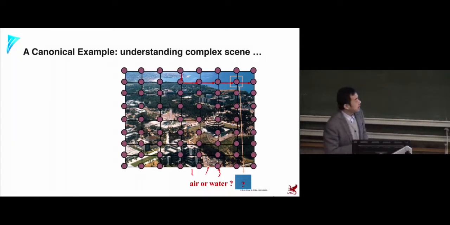So a modern technique is to divide this whole thing into a grid, and on every patch resulting from this grid, you define a random variable to indicate its binary classification value.